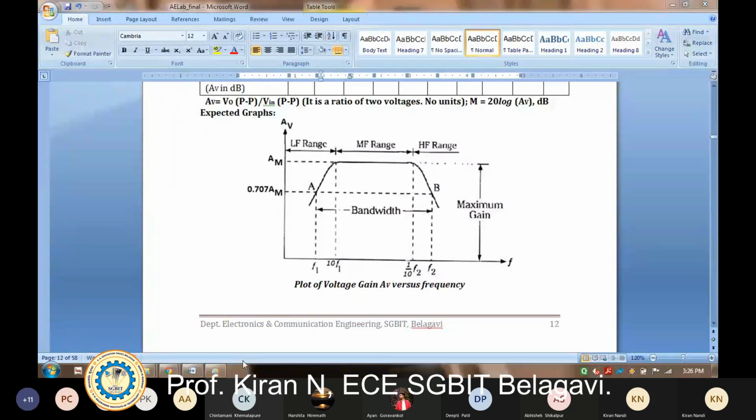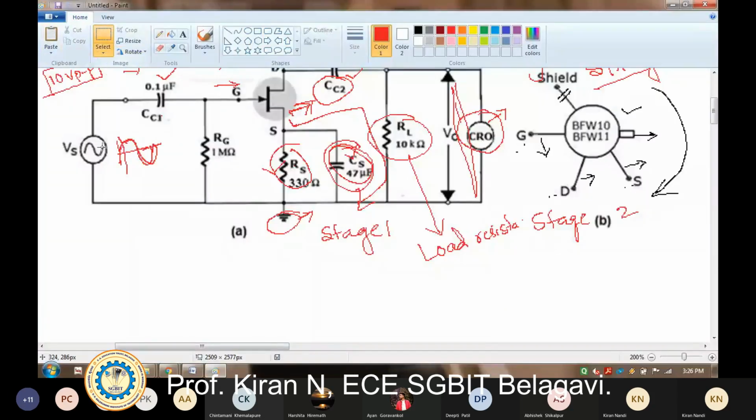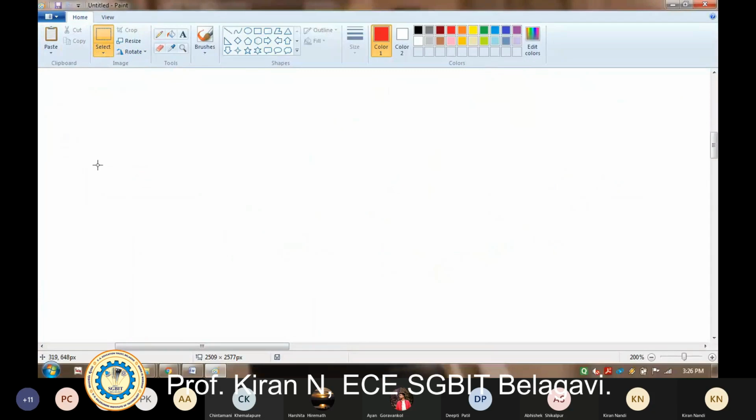I'll just draw that. If this is the graph, it is frequency versus gain.